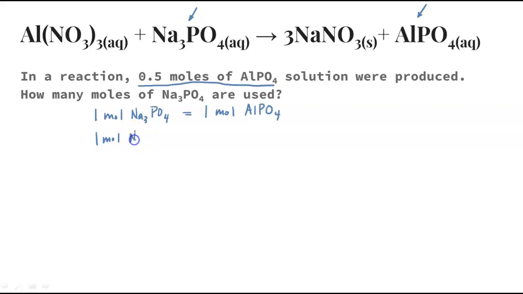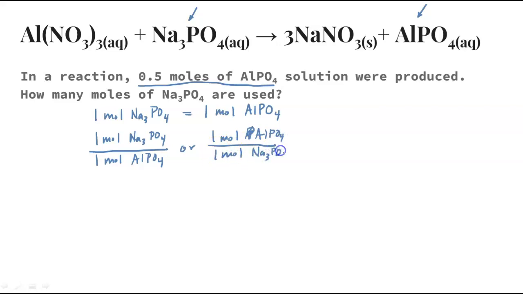Be sure you label those conversion factors both with units and with the chemical name. I can flip it around as well. I have 1 mole AlPO4 and 1 mole Na3PO4.